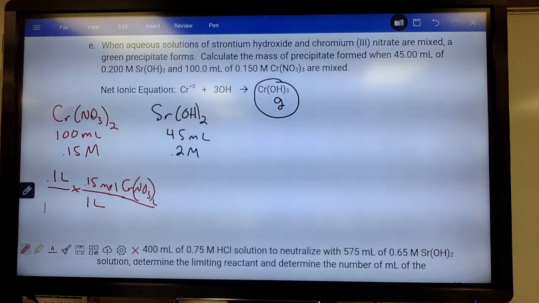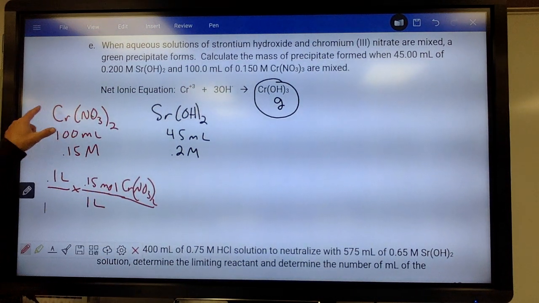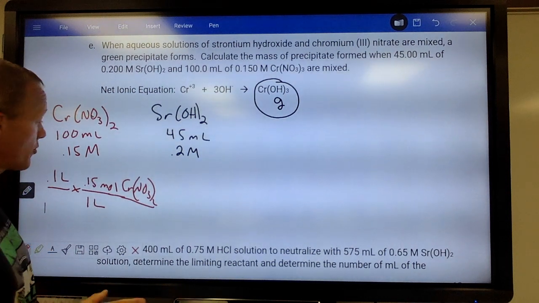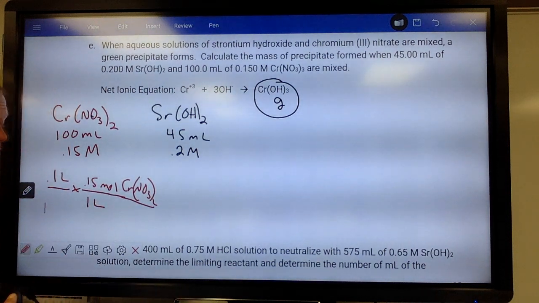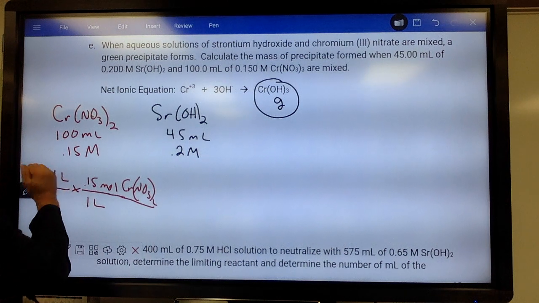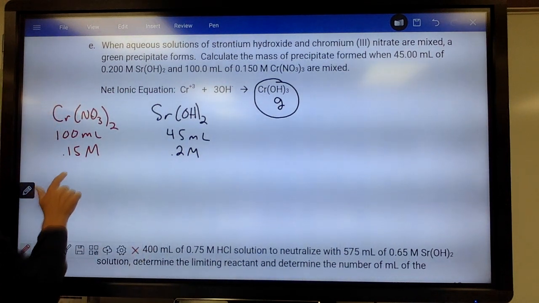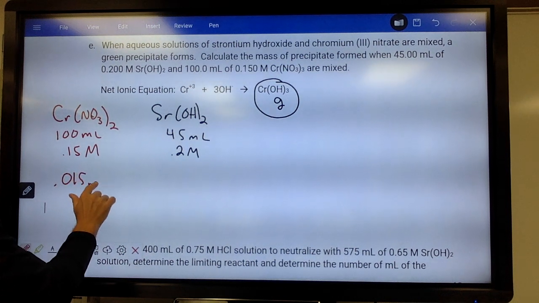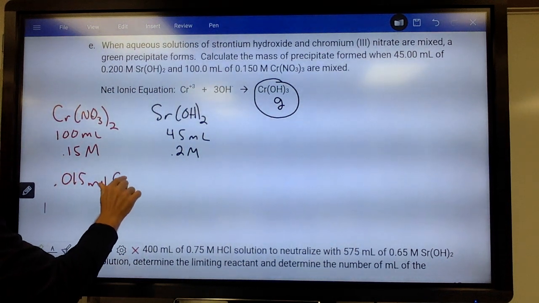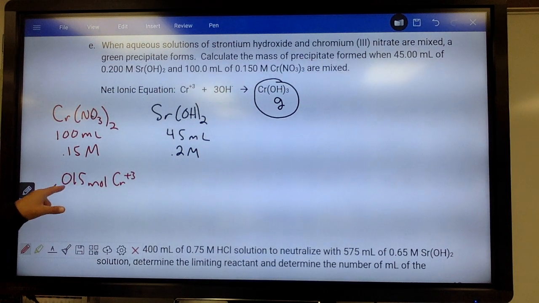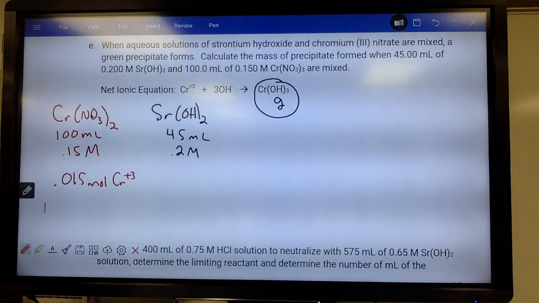Well, each mole of this compound contains 1 mole of chromium ions, so that is also the molarity of our chromium ions. So 0.1 times 0.15 is going to be 0.015 moles of chromium ions. If it was nitrate ions, it'd be double that, because there's 2 moles of nitrate ions for every mole of that compound.